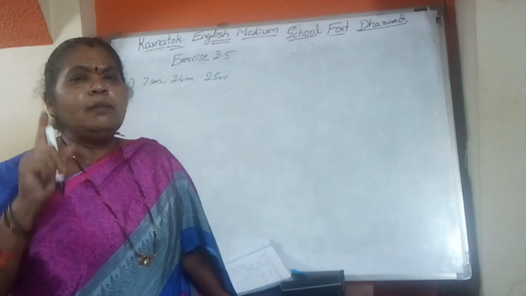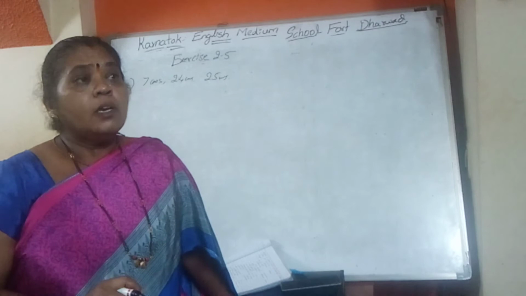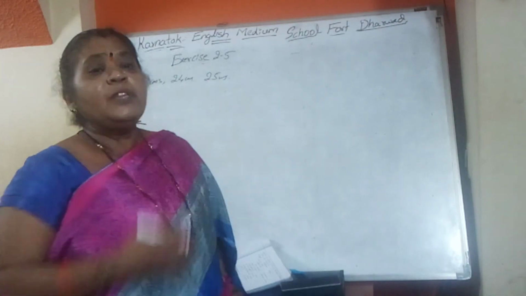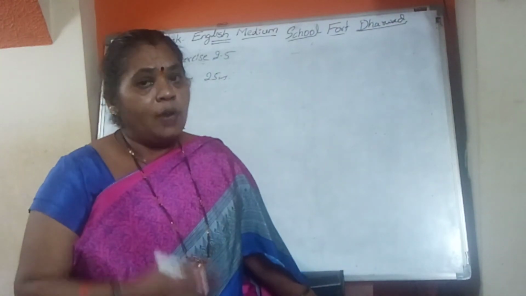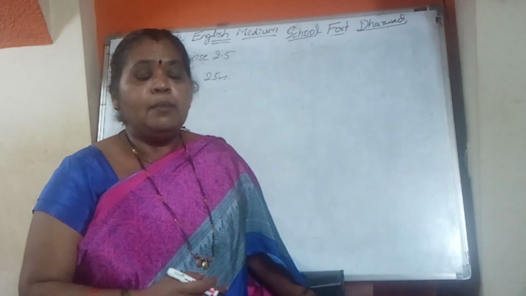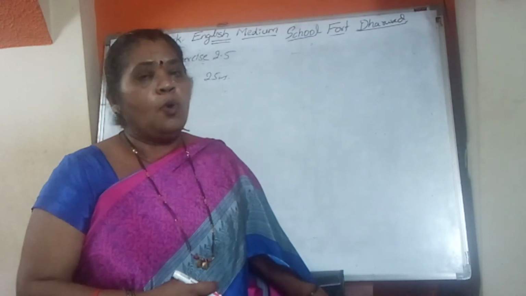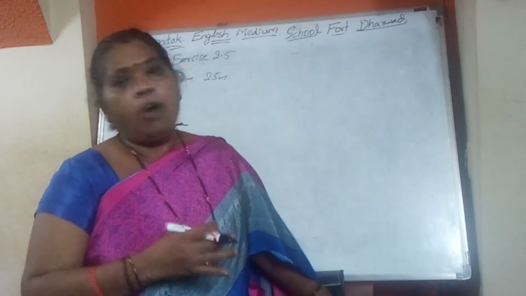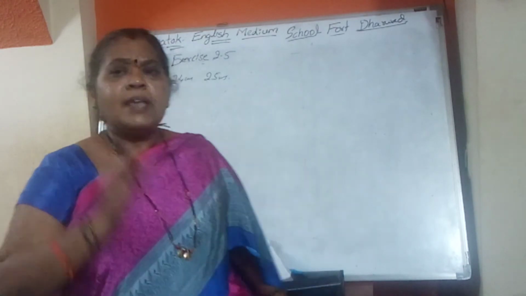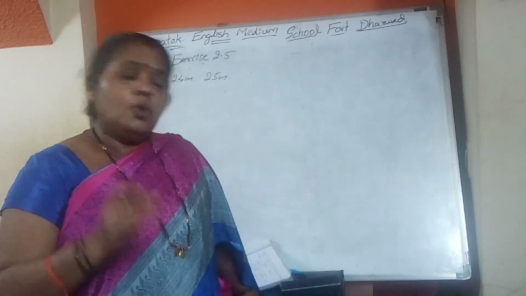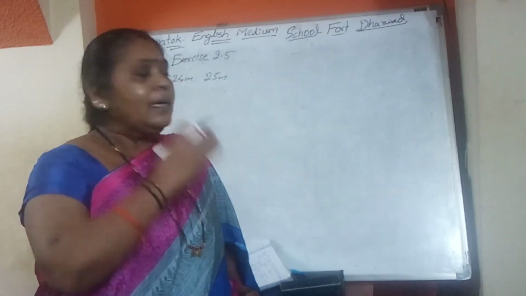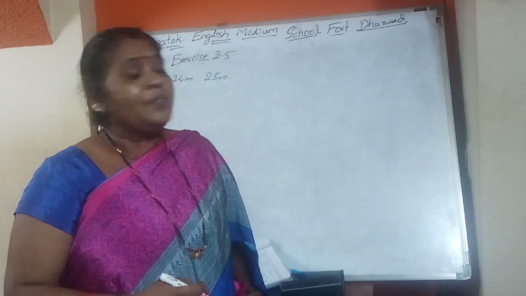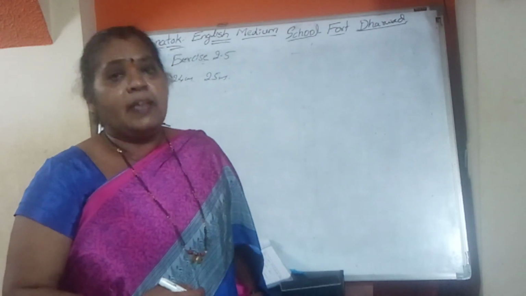I'll give you one small homework: the converse of the Pythagoras theorem. You only prove this at home. It is already given in your textbook. Prepare once, twice, thrice, and write the converse of this Pythagoras theorem.